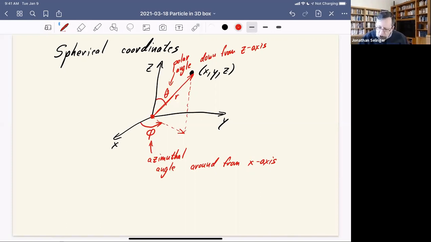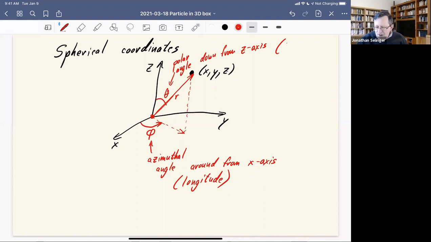Okay, so these two angles are related to latitude and longitude on the globe, right? So the phi angle is like longitude on the globe. It's saying, how far are you east or west from the prime meridian passing through Greenwich, England? And the polar angle is related to latitude.